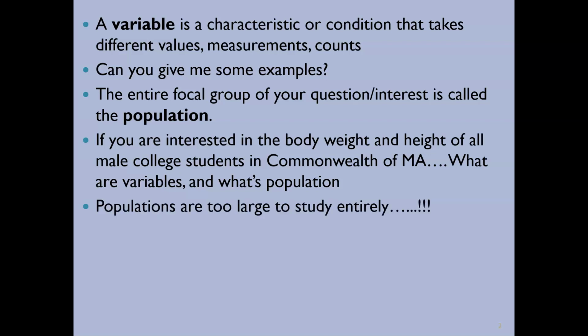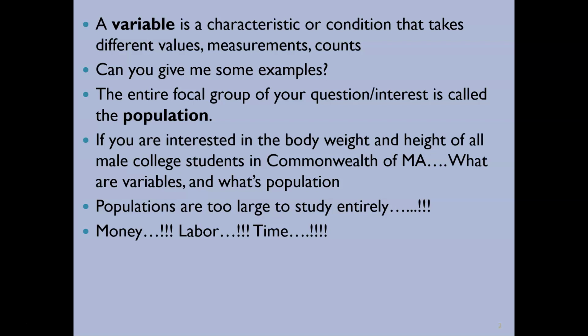Now, as you can understand, the focal group that you are interested in studying can be extremely large. Male college students in Massachusetts, you know how many colleges we have in this tiny little corner of the state. Even that is too big. So generally, at least in ecology or biology, the statistical populations that we want to study are so large that you cannot effectively measure a particular variable.